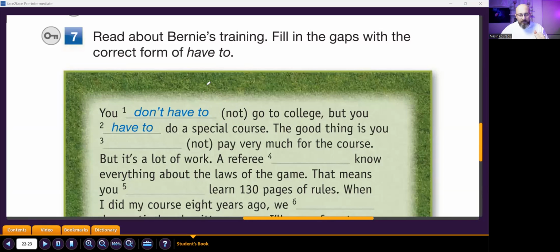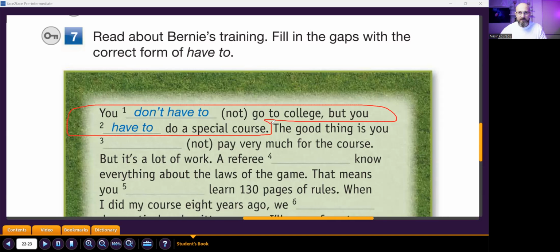So number one, I should understand, is it present or past? How? I should read the sentence. You say you go to college, but you do a special course. Do I have any signs about the past? Is there any word tells you about the past? No. So from the beginning of the sentence to the end, nothing tells you about the past.